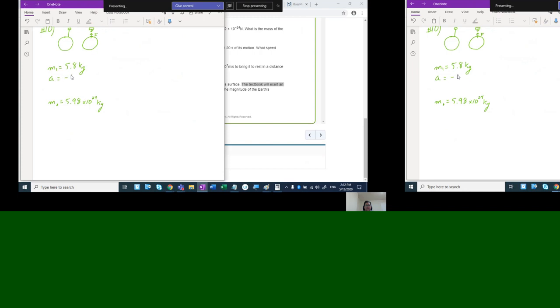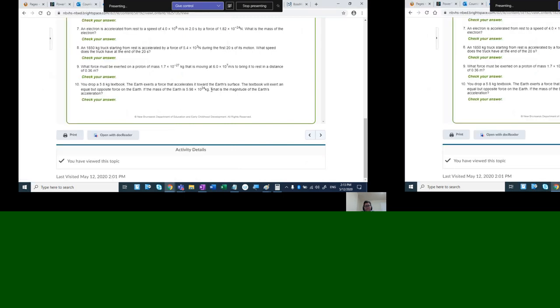Acceleration on the book should be minus 9.8 meter per second squared, which is g. And are we asking the acceleration of the Earth? Yeah.